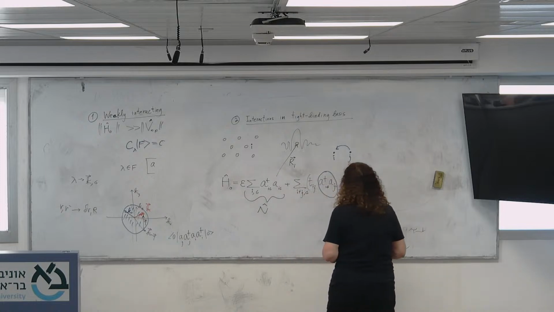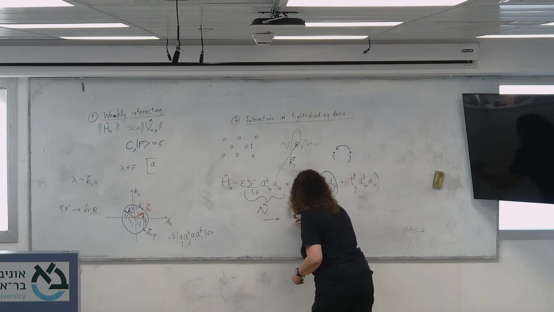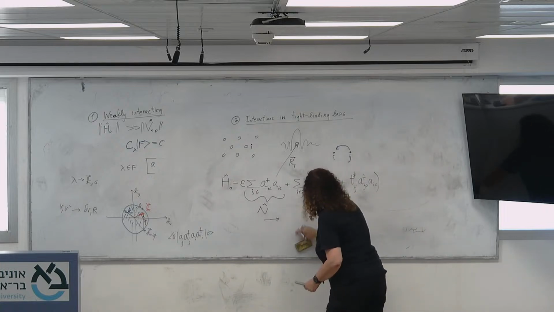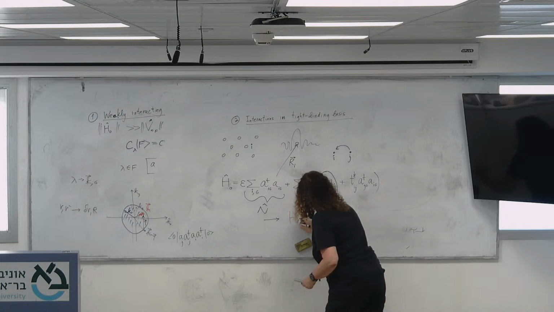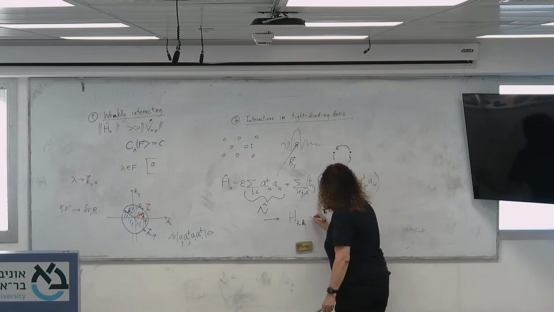So a simplified version of this is called tight binding approximation.